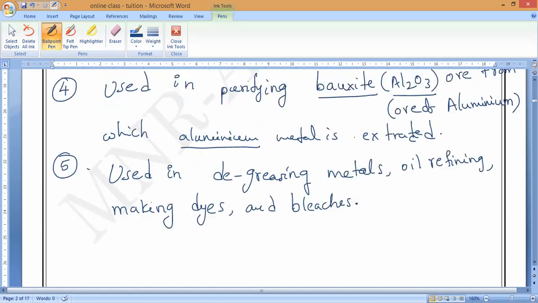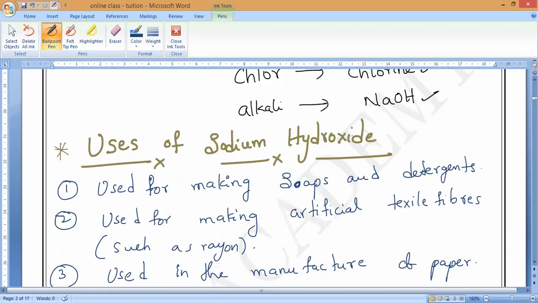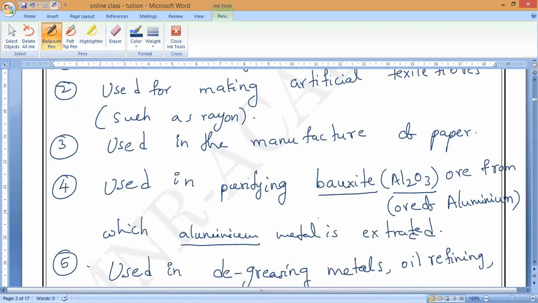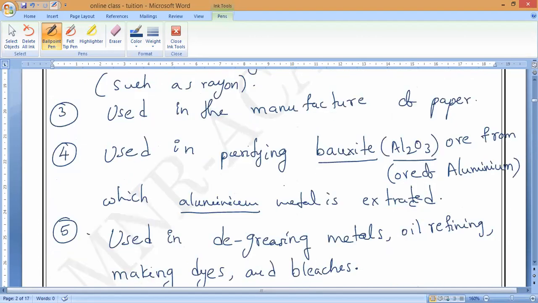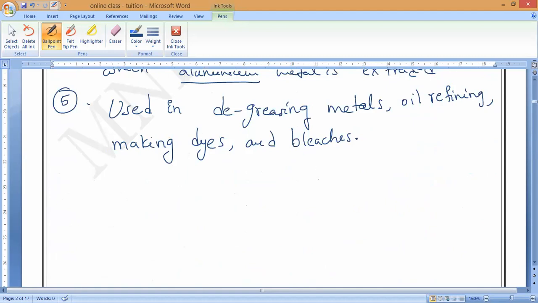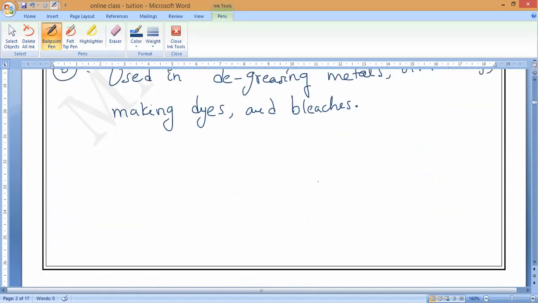Totally, how many uses? Five uses. Everybody should remember: making soaps and detergents, making artificial textile fibres, manufacturing of paper, extracting aluminium from bauxite ore, degreasing metals, oil refining, making dyes and bleaches.